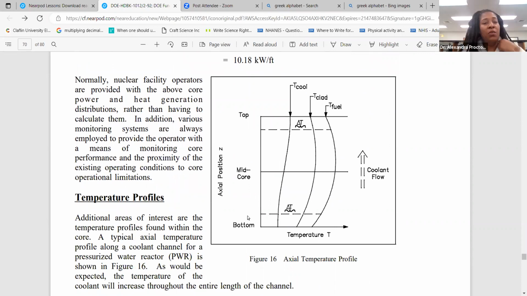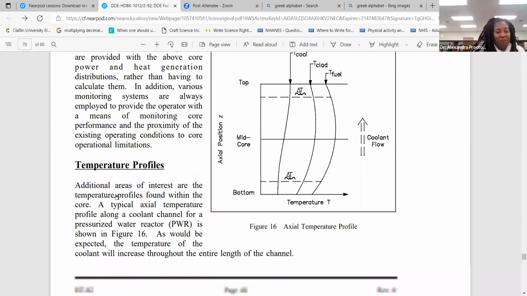Normally, nuclear facility operators are provided with the above core power and heat generation distributions rather than having to calculate them. In addition, various monitoring systems are always employed to provide the operator with a means of monitoring core performance and the proximity of the existing operating conditions to core operational limitations.